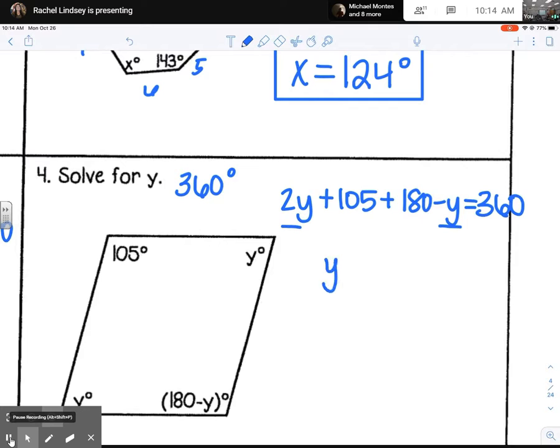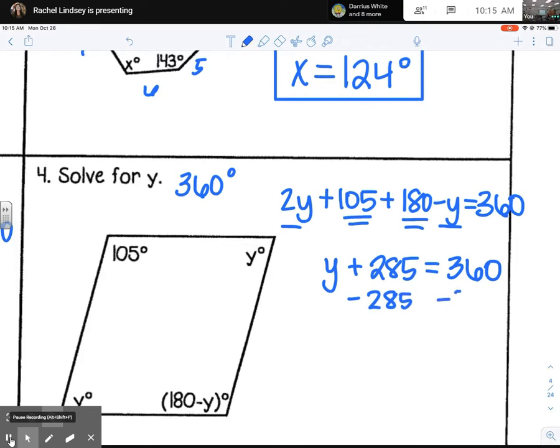Y. And then what's 105 plus 180? 285. So I have y plus 285 equals 360. So what's 360 minus 285? 75. So y is 75.